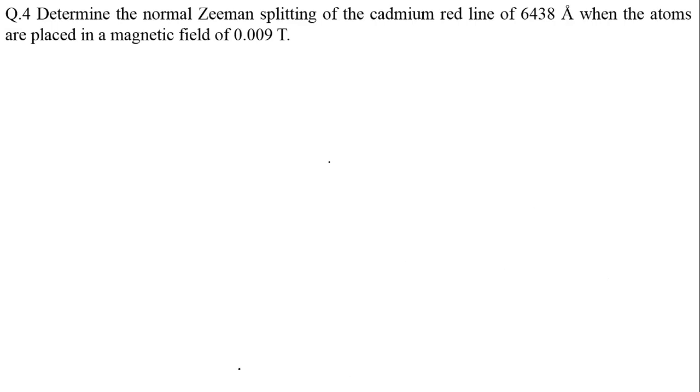What is the Zeeman effect? You must have seen it in the week 4 lectures. So what is the Zeeman effect? Can anyone tell? In which field can we see Zeeman splitting?